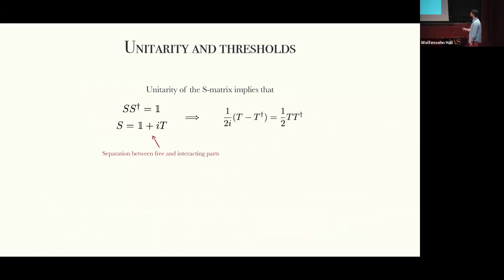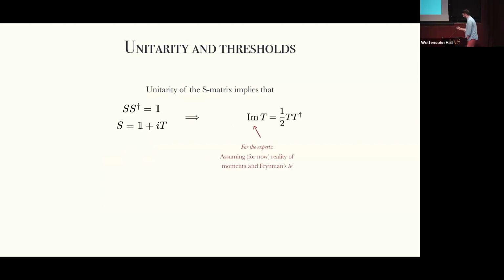Unitarity of the S matrix tells us that S S dagger is equal to unity. In practice, it's useful to separate S in terms of its free part, 1, and interacting part T. When you plug this in, that's basically what you get. For convenience, to streamline the discussion, I'm going to call the left-hand side of the unitarity equation the imaginary part of T, although there's some assumption that goes under the rug here.